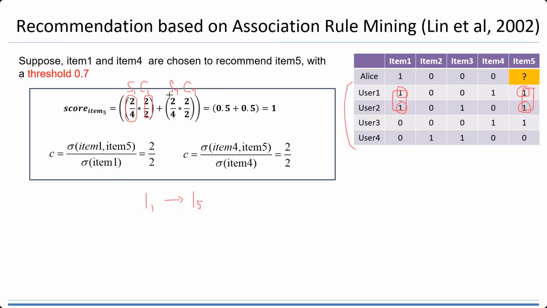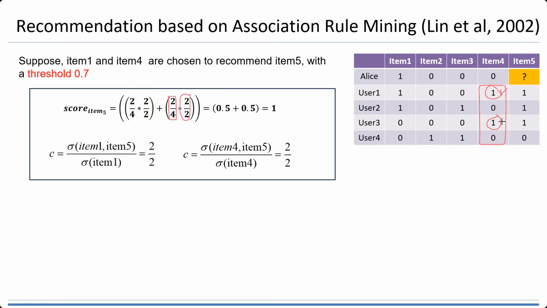What about item 4? For item 4, there are 2 among 4 transactions. Then the support is 2 divided by 4. What is the confidence?